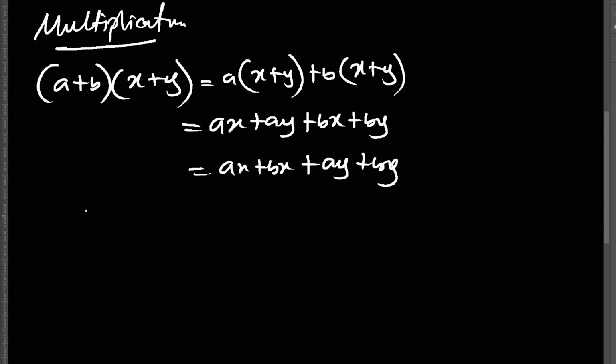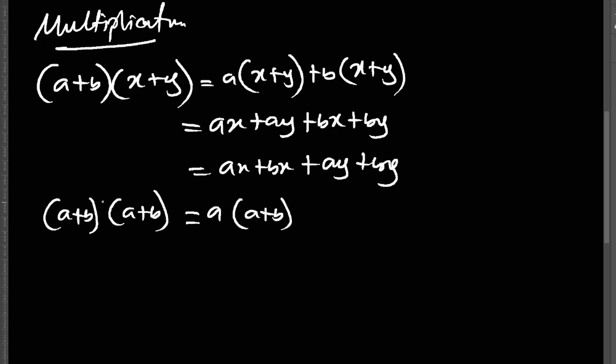Good. Now let's look at another example. If I have a plus b multiplied by a plus b, this is a polynomial and this is also a polynomial. This is going to be distributed over this. I'll have a into bracket a plus b, then plus b into bracket a plus b.